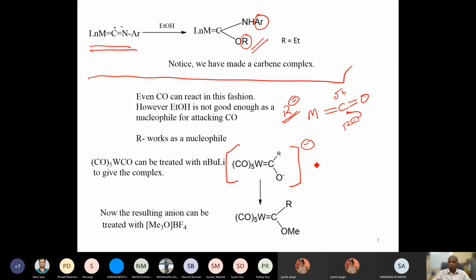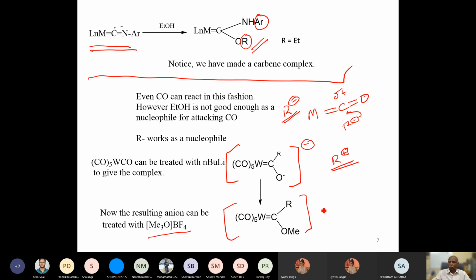But this negatively charged species can react with an alkyl plus cation. Now, the most convenient way to add an alkyl plus cation is to add it as an oxonium ion. And that's what I have done here in this slide. I treated it with trimethyl oxonium salt as a BF4 salt, and I generate a neutral complex.